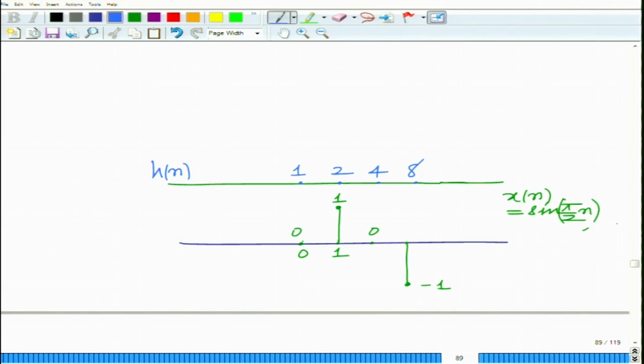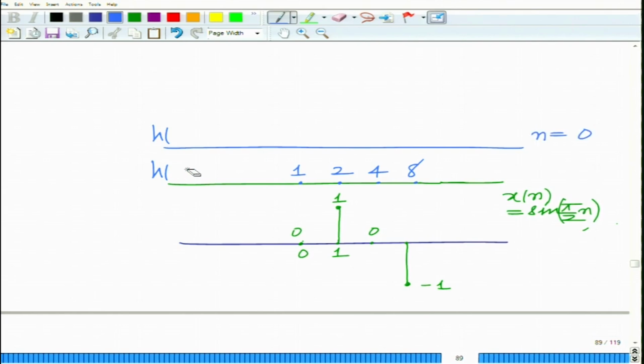Now, so this is h of n. At n equal to 0, remember, I have to consider h of n minus I. For each x of I I have to consider this, corresponding to n equal to 0.